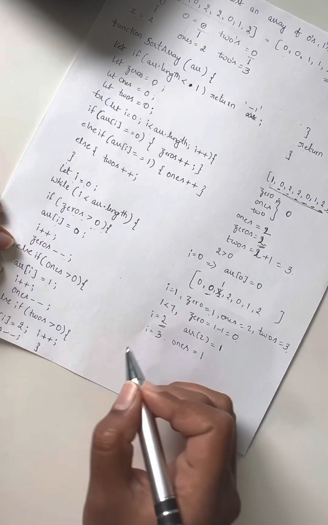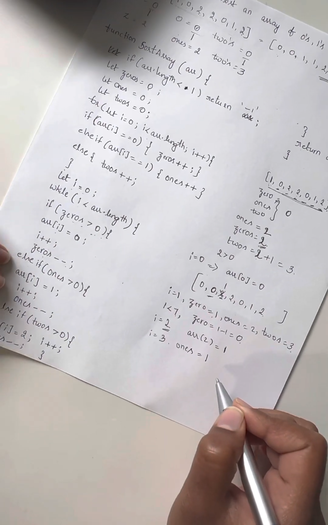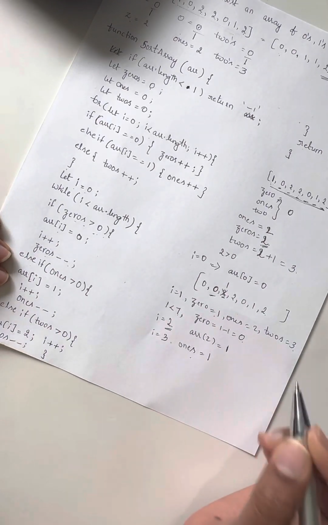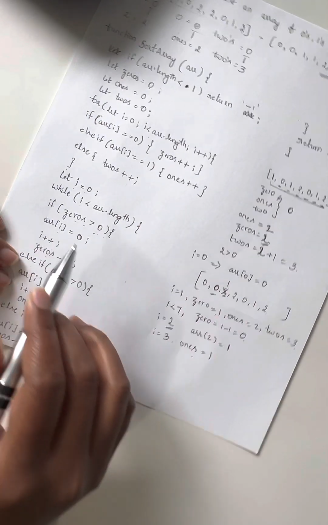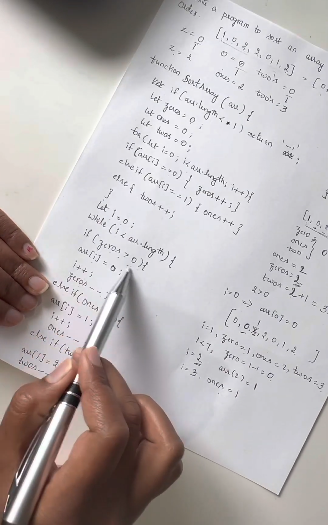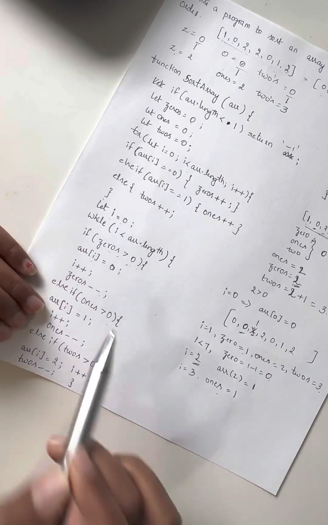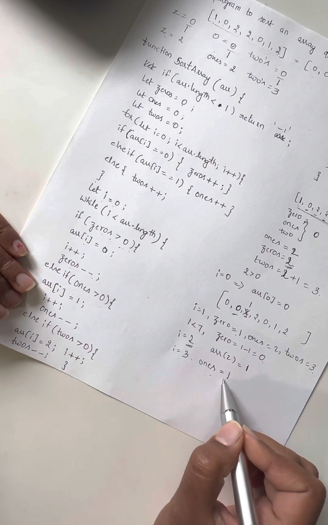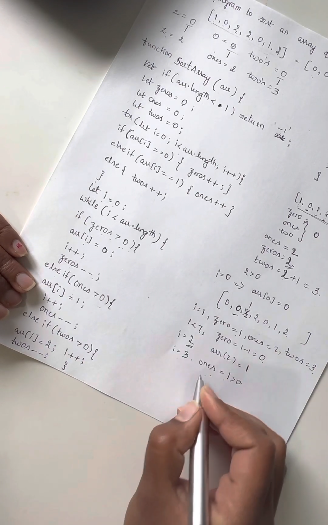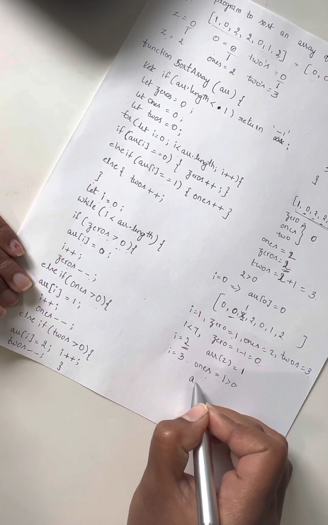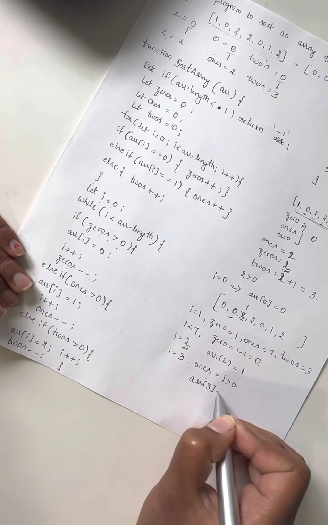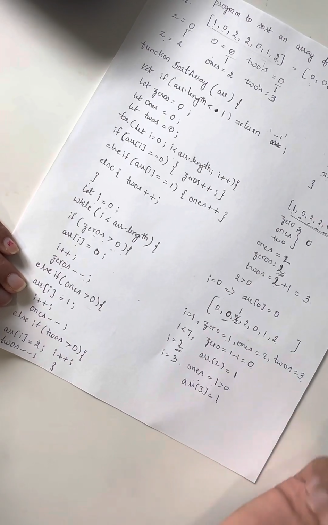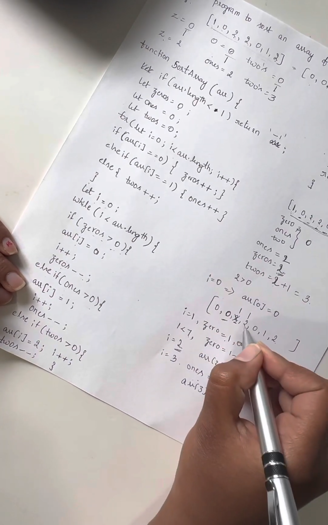Then the loop starts again. Zeros is already 0, so it does not go into the zeros branch, so it will check the 1s. 1s is still greater than 0, so it will change array of 3 to 1. So this 2 becomes 1.